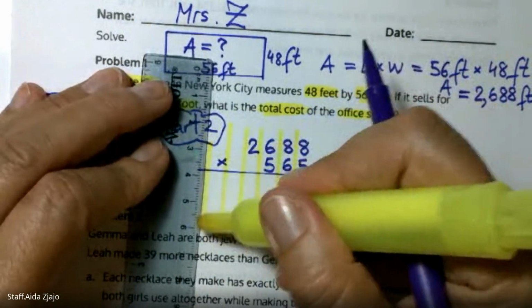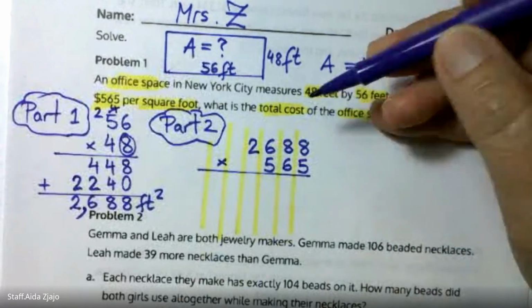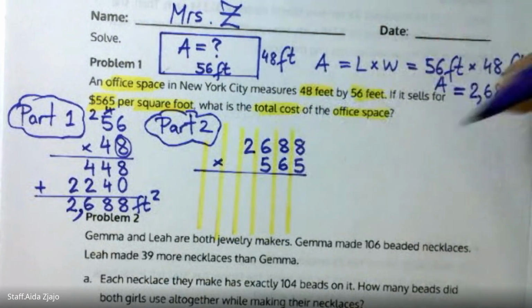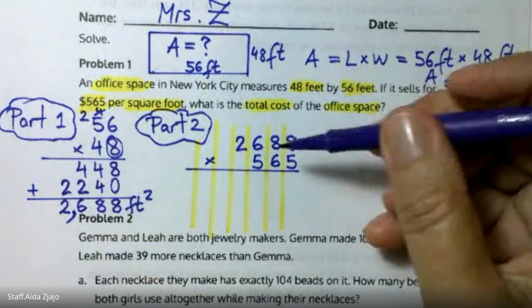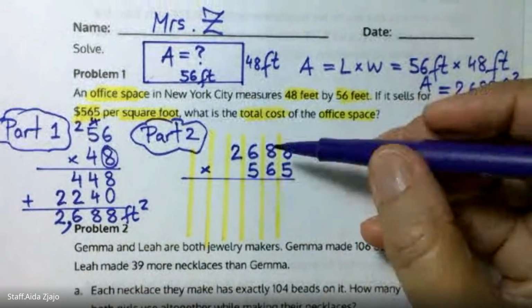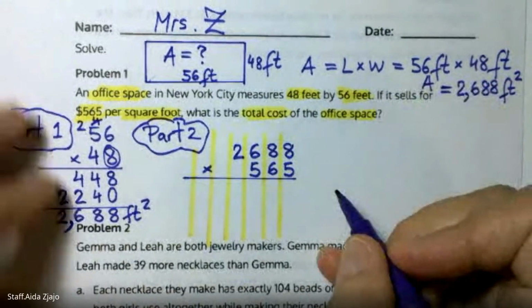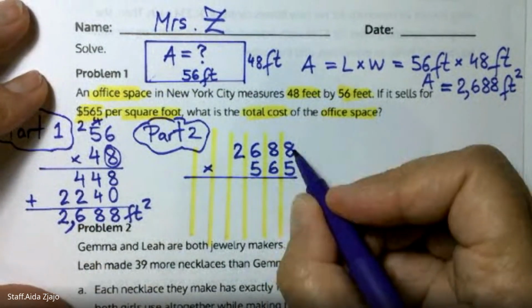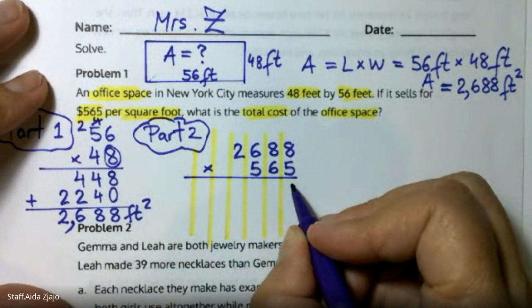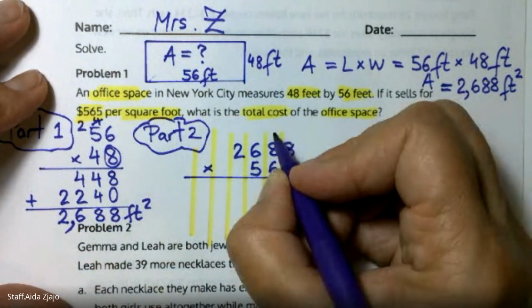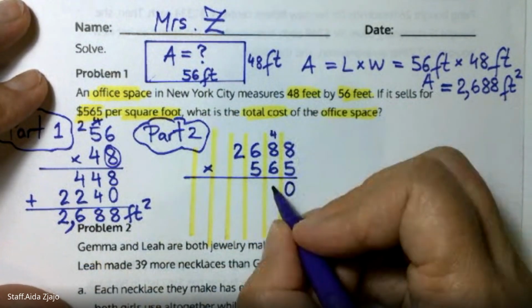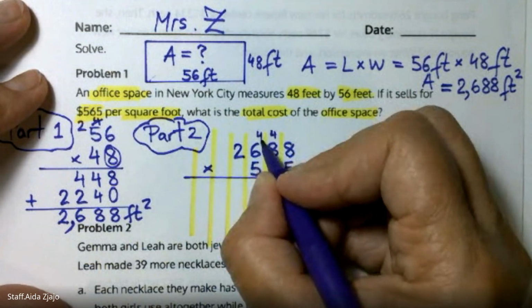So if you estimate, just to think, this is 2,000 times 600, it will be about 1,000,000 or so. We'll see. 8 times 5 is 40. Remember 4. 8 times 5 is 40, plus 4 is 44.